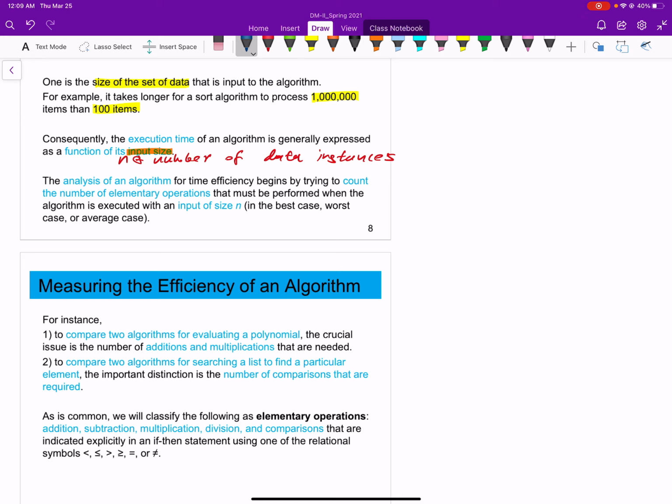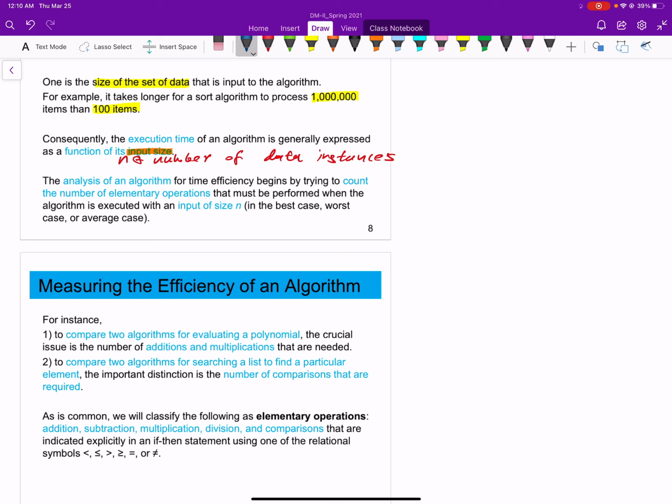The analysis of an algorithm for time efficiency begins by trying to count the number of elementary operations. Keep that in mind. These elementary operations are addition, division, multiplication, subtraction, and comparison. We will learn these very soon.